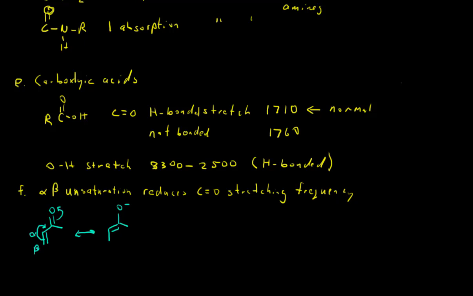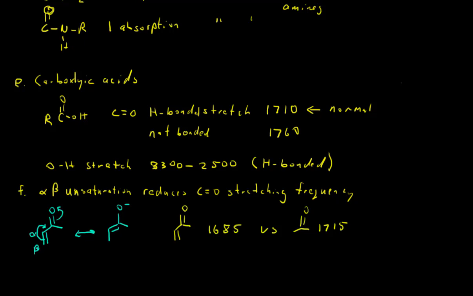And so for this particular compound, this simple alpha-beta unsaturated ketone, our absorption frequency is 1685, the carbonyl absorption. And compare that to acetone, which is aliphatic, and that, of course, we saw earlier, 1715.